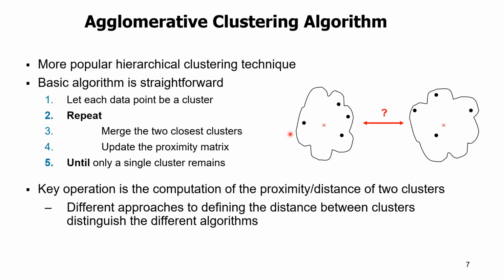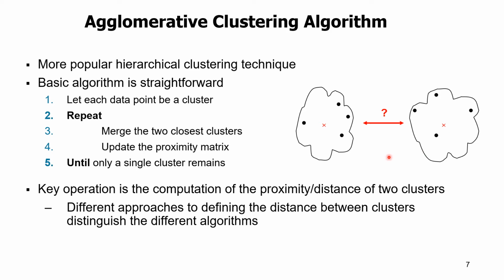For example, here we have two clusters, and let's define the distance between these two clusters. This cluster has 4 data points, and this one also has 4 data points. So when you define distance, it is not easy.